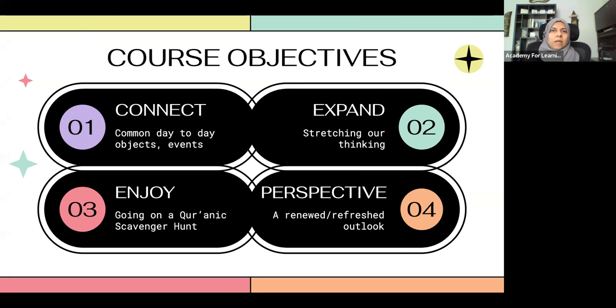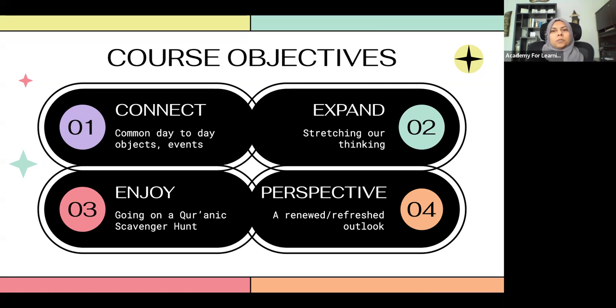So some of these things may explicitly be mentioned in the Quran, or some of them will help us connect to something that is available in the Quran. So the objective of this course was, number one, for us to connect our common day-to-day objects, events, life situations to verses of the Quran. And we will walk through how we can do that.